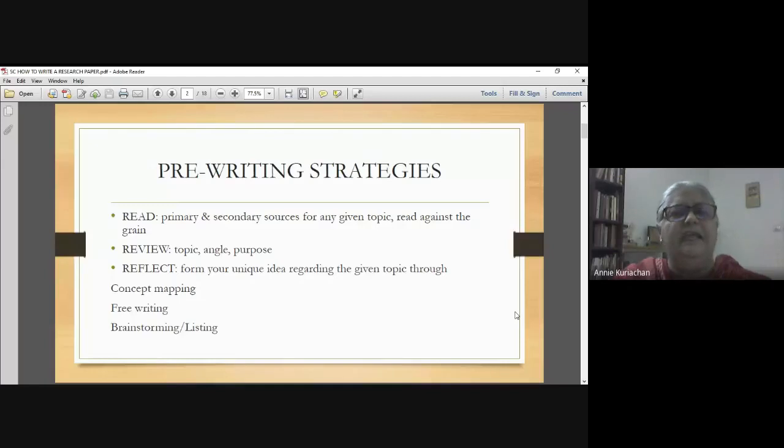Research is developing and elaborating your unique idea, the idea that you have gained as a result of your experiences, your reflection, your introspection, and then you arrive at a hunch or a particular insight which you would like to share with others. That brings me to the next point: reviewing whatever we read. So spend a lot of time reading.